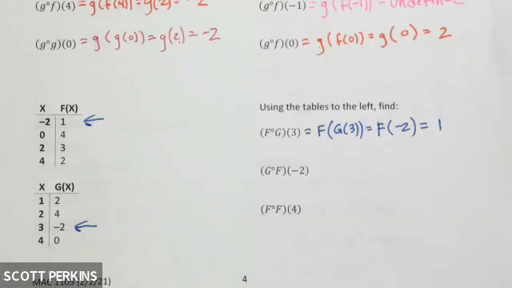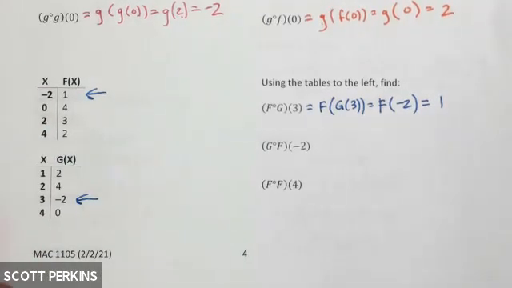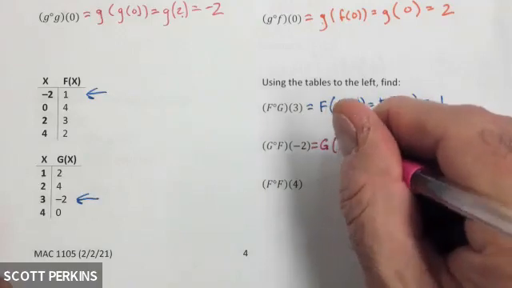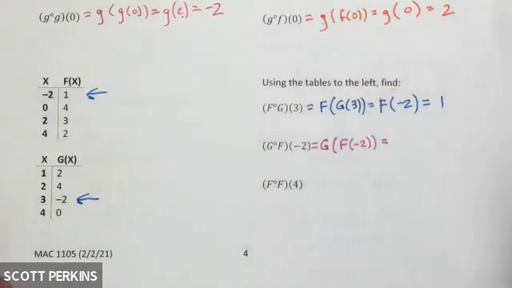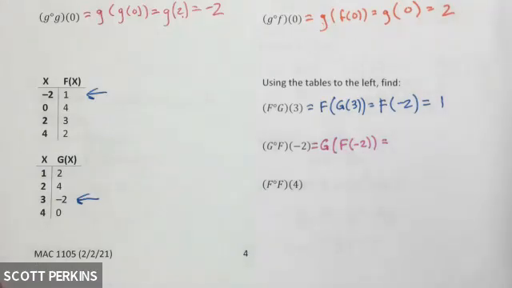G composed with f of negative 2. According to my table, when I do G composed with f of negative 2, what's the value of f at negative 2?